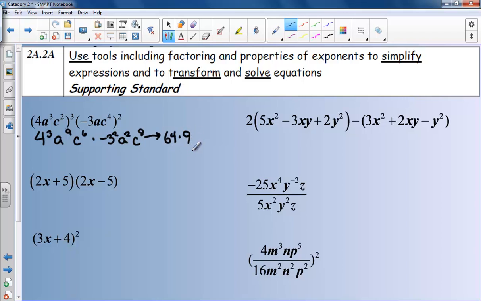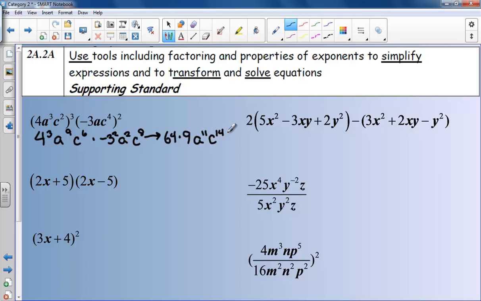So I'm going to multiply those coefficients right there. I have 9 a's here and 2 more here, so I'm going to have a total of 11 a's. I have 6 c's and then 8 more c's, so I'm going to have a total of 14 c's.